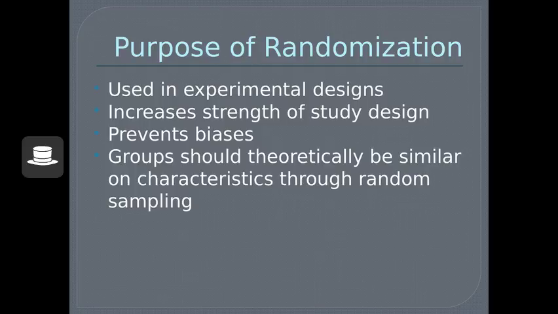So theoretically, the different characteristics should end up equal across the two different groups or three different groups, however many you are doing. But it's not a guarantee, and one of my stats teachers used to say bad random samples happen, so just keep that in mind when you're thinking about randomization.